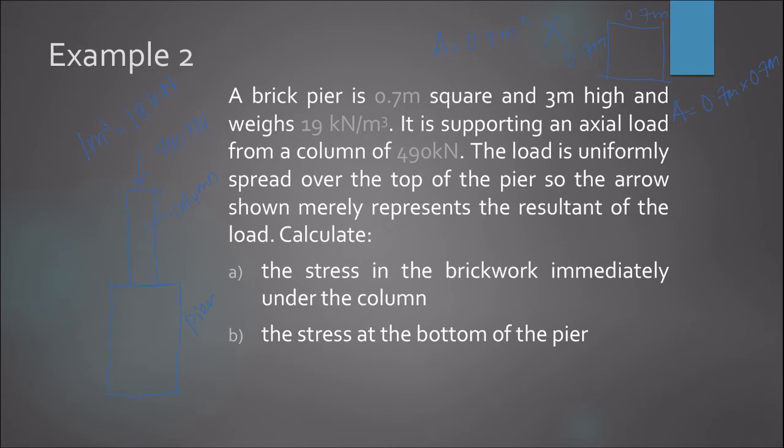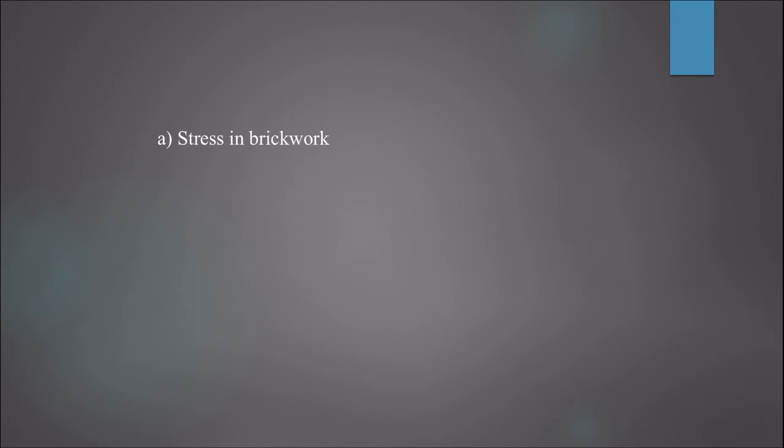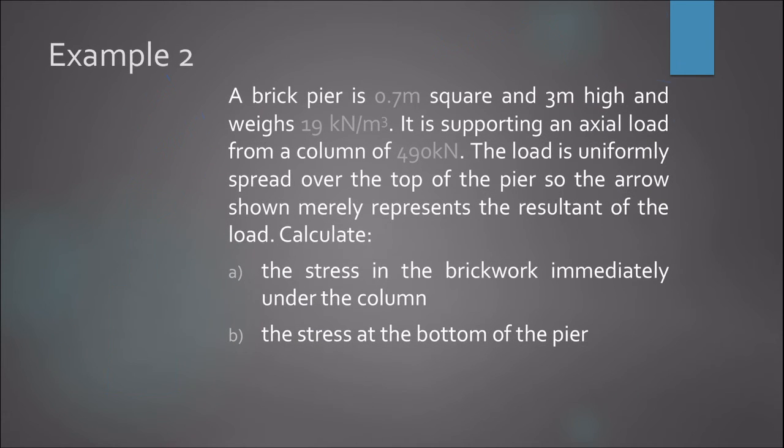Calculate the stress in the brickwork immediately under the column. So stress in brickwork, the first one, we need to calculate the area of the pier, okay, which is 700 by 700, because the question asks you to find the stress in the brickwork immediately under the column.